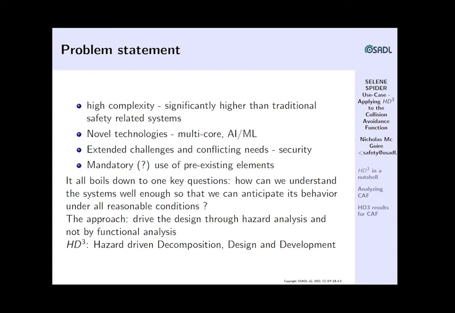As Franz just explained, the actual functionality of the collision avoidance function is seemingly not very complex, but the overall complexity is in the system itself. We have multi-core, we're using novel technologies, machine learning, management of complex data types that are not state-of-the-art in traditional safety systems, and this brings the overall complexity level to significantly higher levels than traditional systems we're used to using.